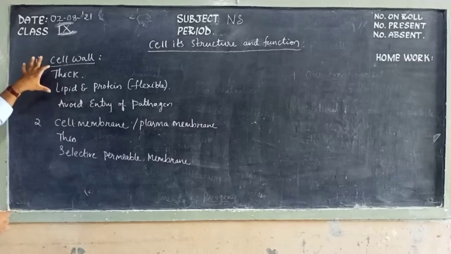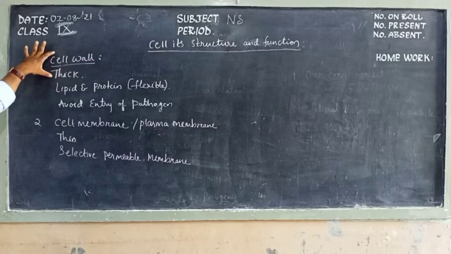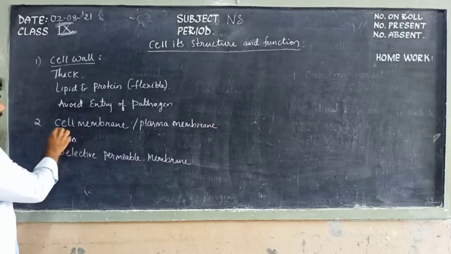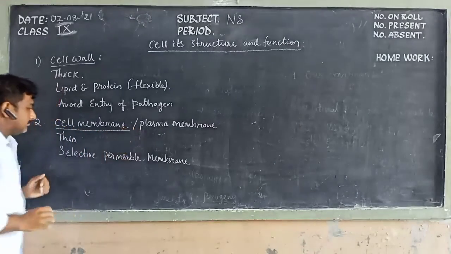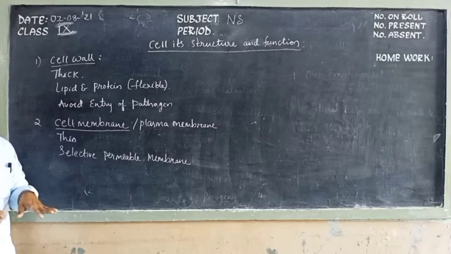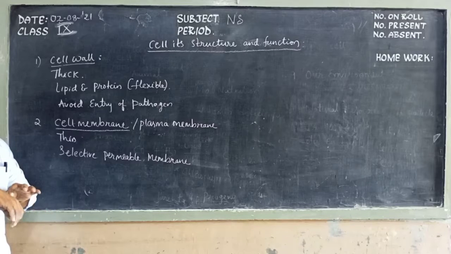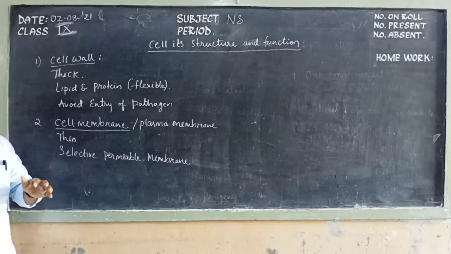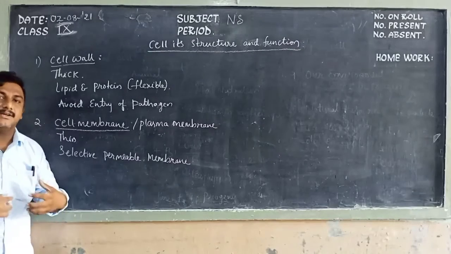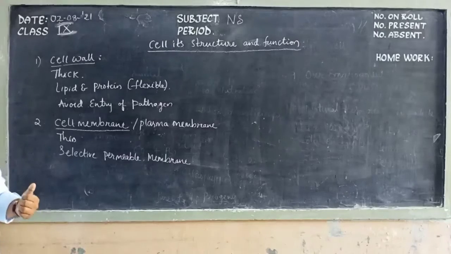But in animals, the cell wall is absent and the cell membrane is thick. So we have a skin, and microorganisms don't enter directly into our body, because we have a defense system, an immunity system.